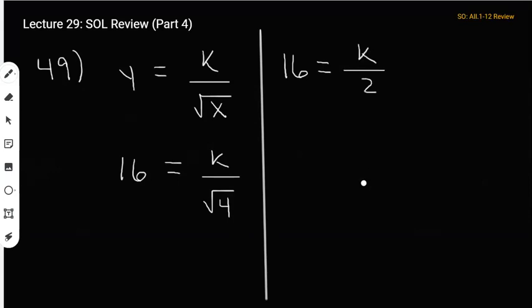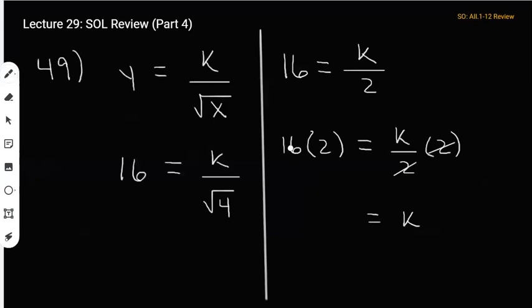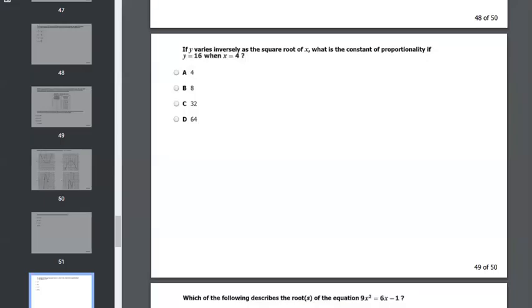And now to get k by itself, I can multiply both sides by 2. The 2's are going to cancel out, leaving me with k is equal to 16 times 2. That's going to be 32. That's going to be C.